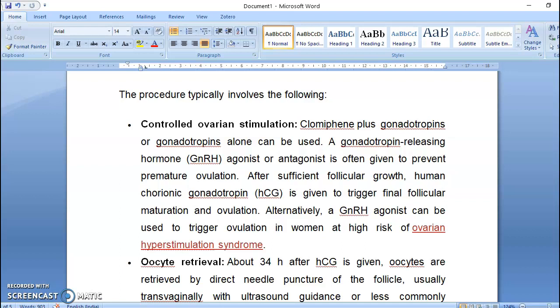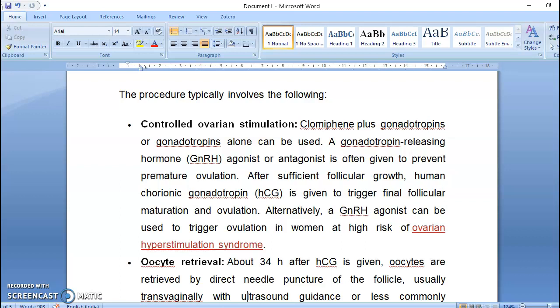Now the next step is oocyte retrieval. About 34 hours after human chorionic gonadotropin is given, in this treatment of controlled ovarian stimulation, we also give HCG in the later stages for the proper maturation and ovulation.